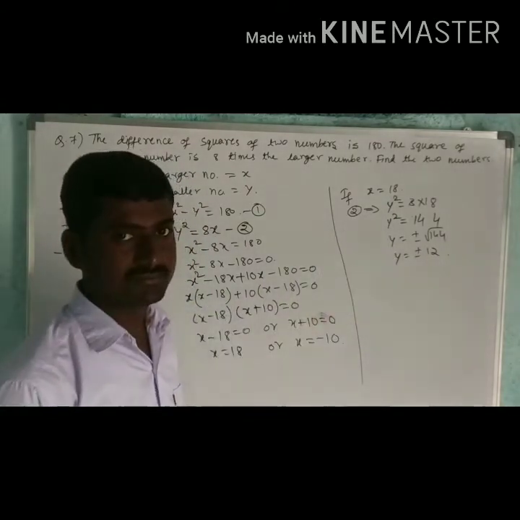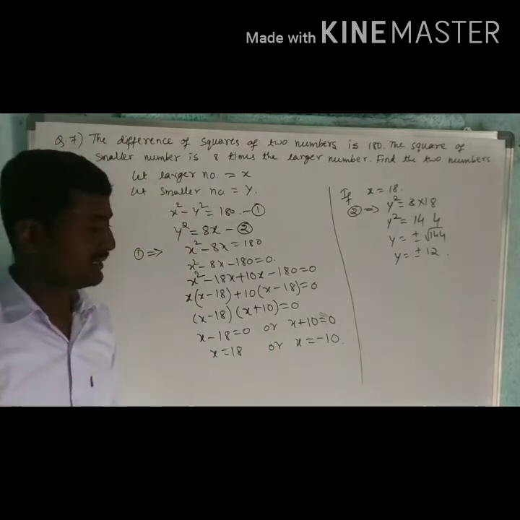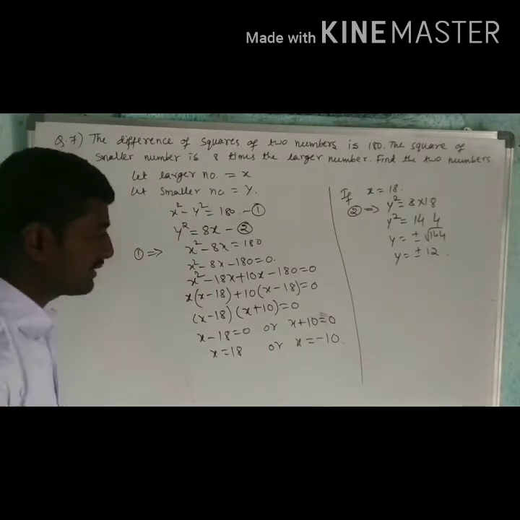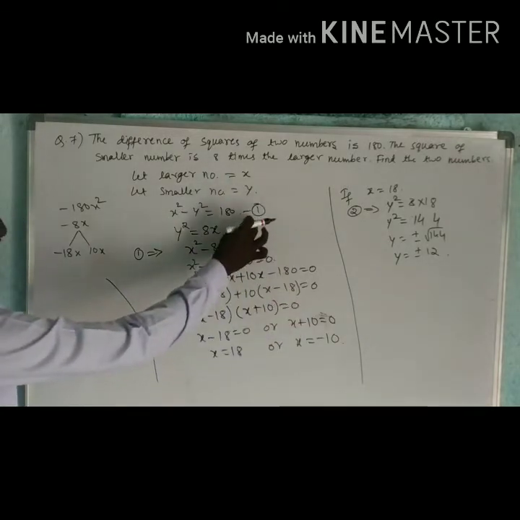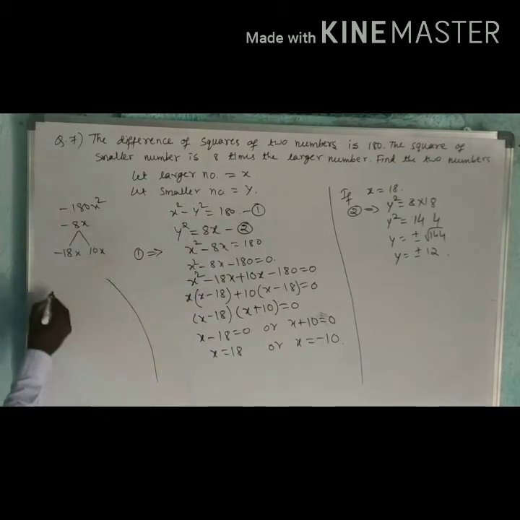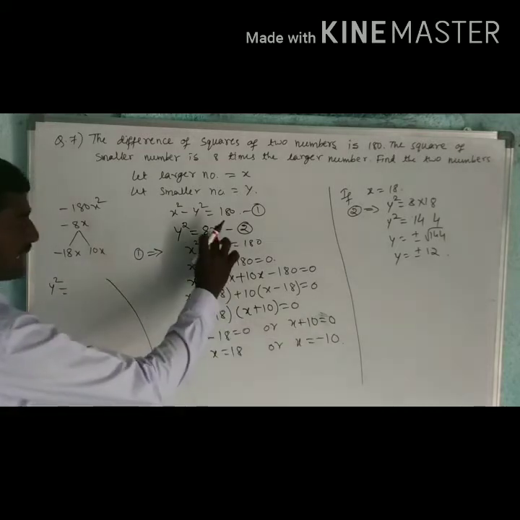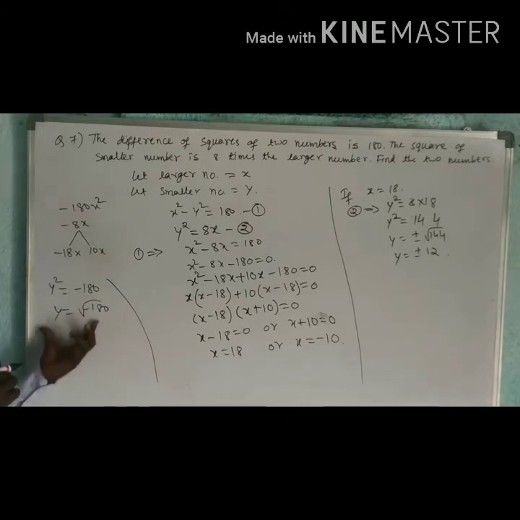Now come to this side, minus 10. If x equal to minus 10, it is not possible. Why? Because if you substitute in the first or second equation, I will substitute x equal to minus 10 in the second equation. Y square is equal to minus 10 into 8, that is minus 80. So I will get y is equal to root of a negative number. I am not getting a real number.